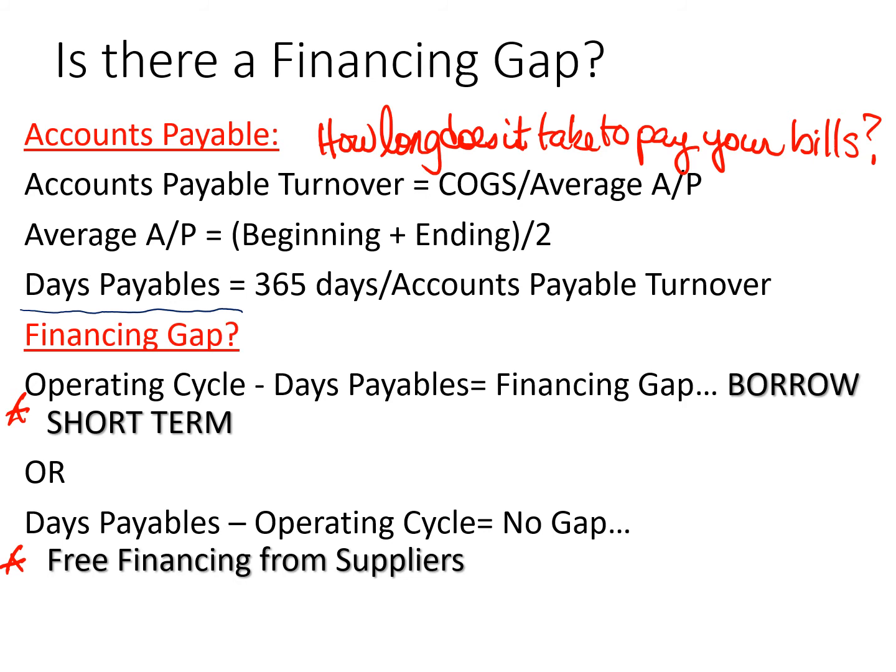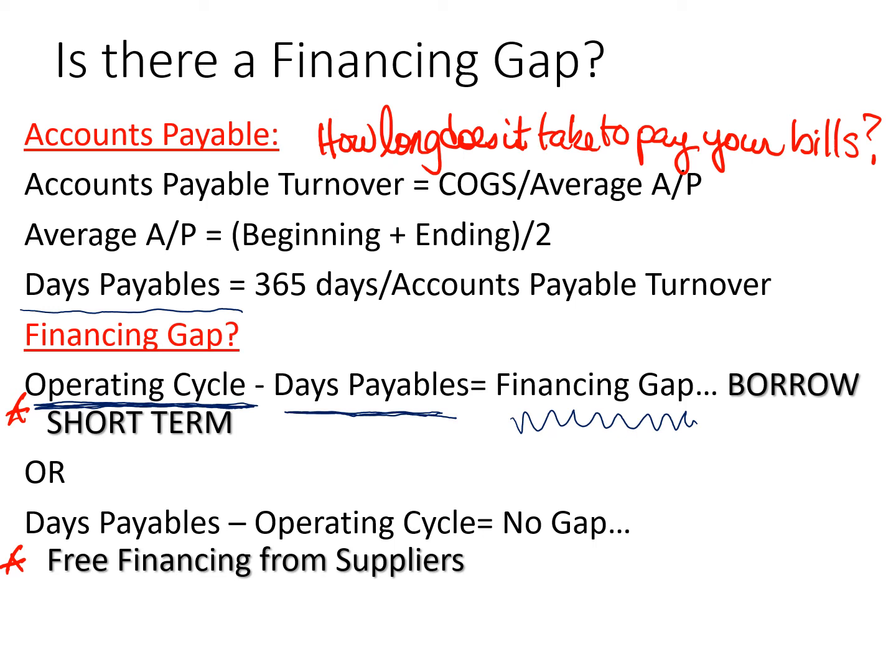All right, so we understand the operating cycle. We also understand the accounts payable, days payable. So what we're going to do is take that operating cycle, how long your cash is tied up in inventory and accounts receivable, and from that subtract your days payable. If you get a positive number, you have what's called a financing gap, which means you have to go out and borrow short term because the cash is not becoming cash quick enough to pay your accounts payable in a timely fashion.